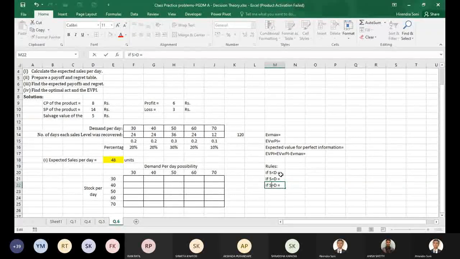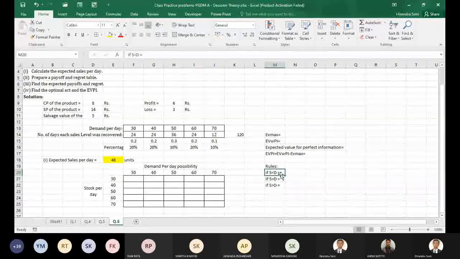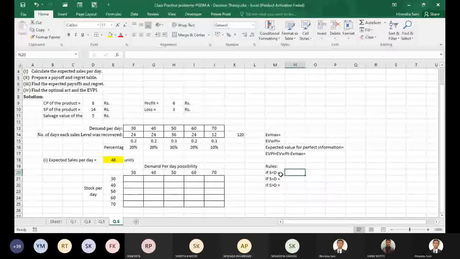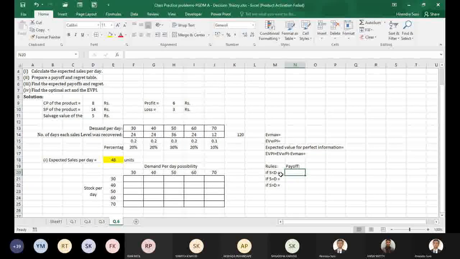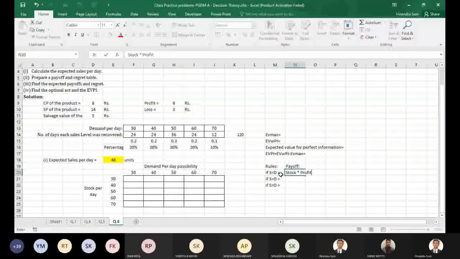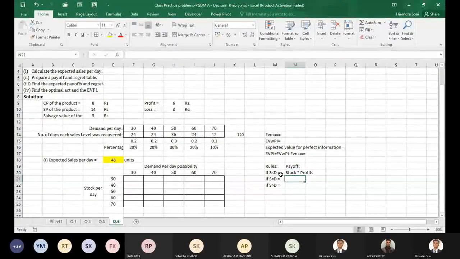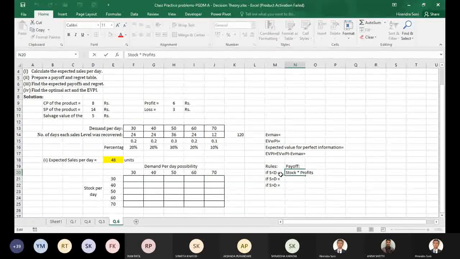Correct? So ये तीन rules हैं. Now, when the stock is less than the demand, तो जितना stock है उतना ही आपका sell होगा. So that means you will all have profits only. Correct? So that means your payoff would be stock into profit. यहाँ तक okay?